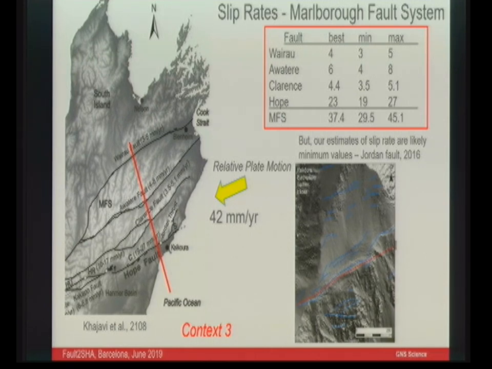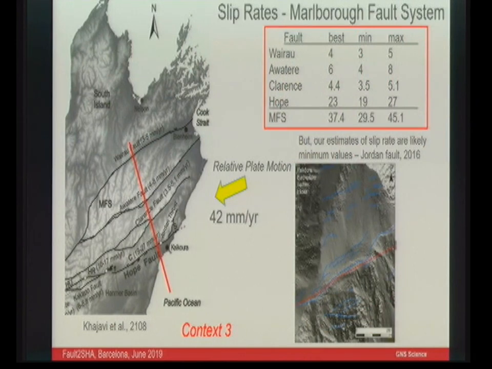So at least the majority of the plate motion is accommodated in the upper plate faults. And this here is just to remind us, this is on the Jordan thrust, which is actually this one here, that in the Kaikoura earthquake, now that we see our new tools in our toolboxes, we can see there are so many more traces than what we had originally mapped as the Jordan thrust. So almost certainly these are minimum estimates.